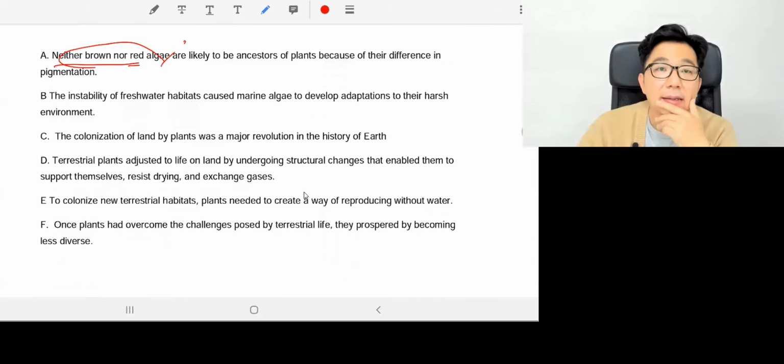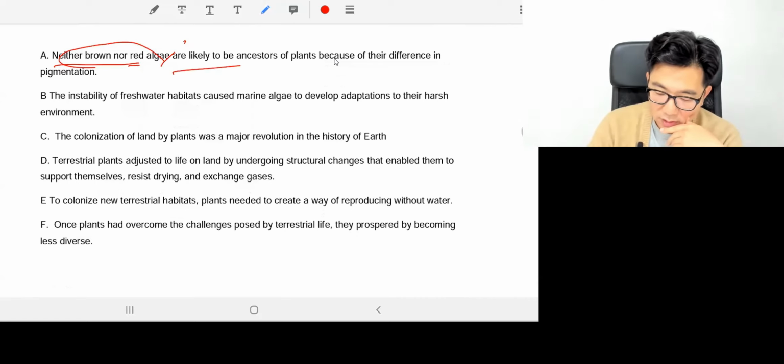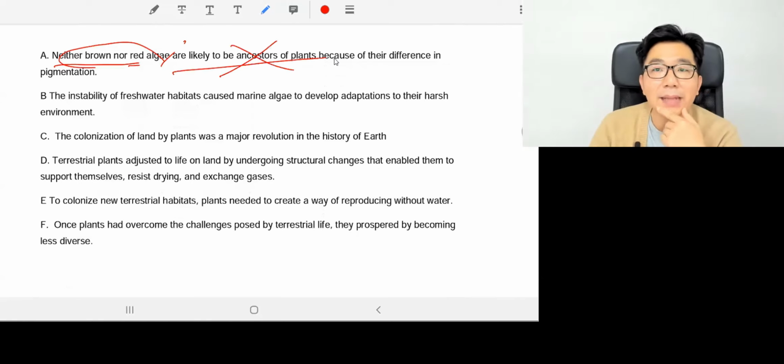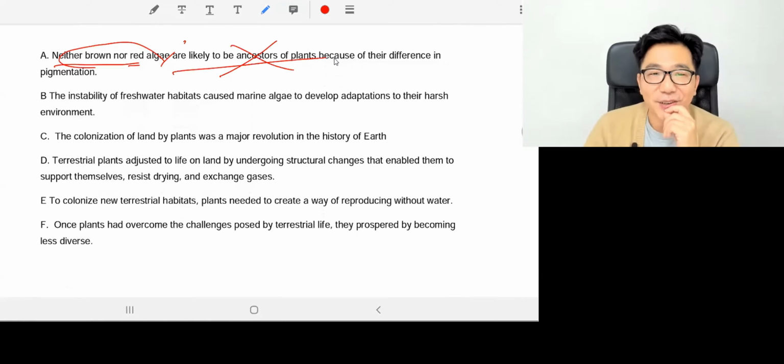In that mind, read it anyway. Are likely to be ancestor plant because, so this is wrong, easy. Wrong and minor detail. So thank you, wrong answer, right? They are not likely to be ancestor of the plant.